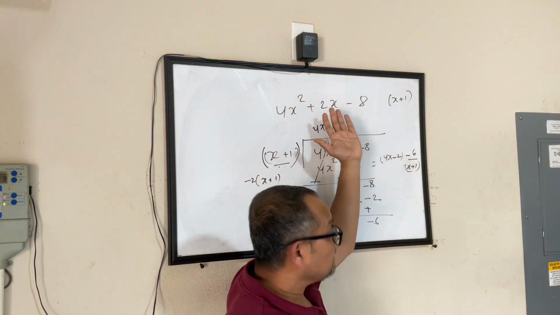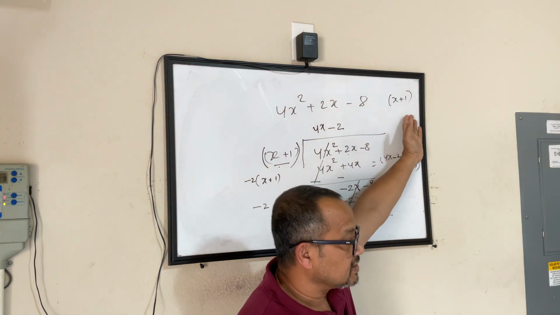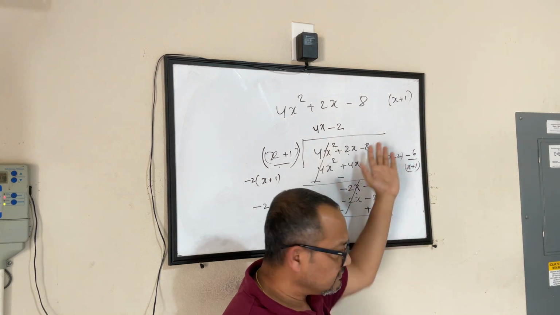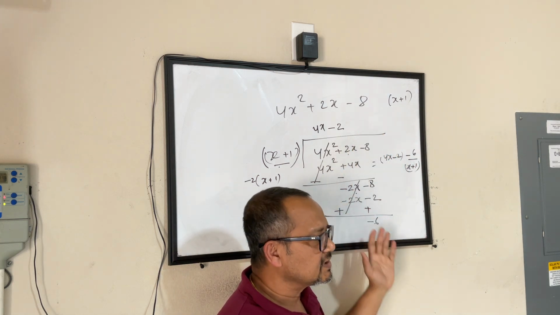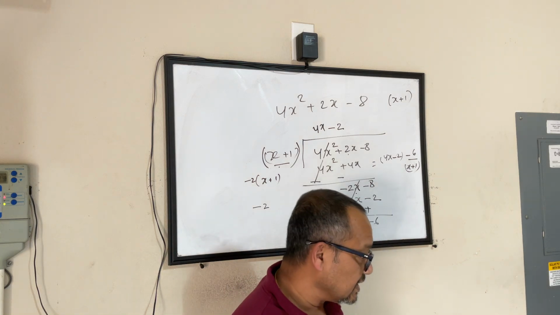Meaning, when I'm trying to divide a polynomial by another expression, we did that simple division that you guys have learned a long time ago, and we just apply similar concepts to do this division.